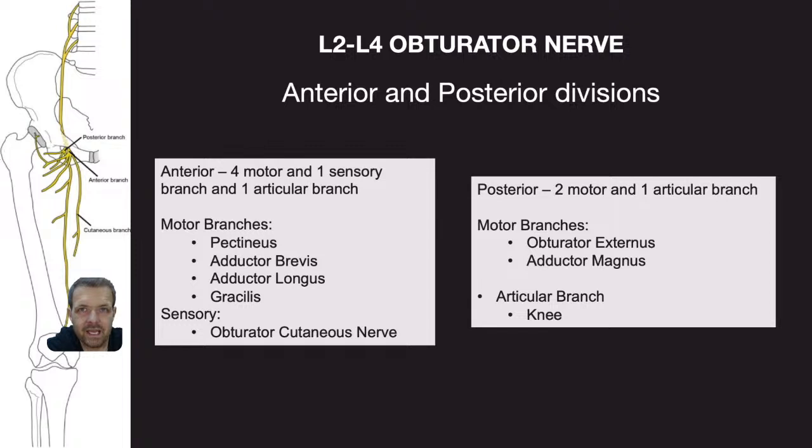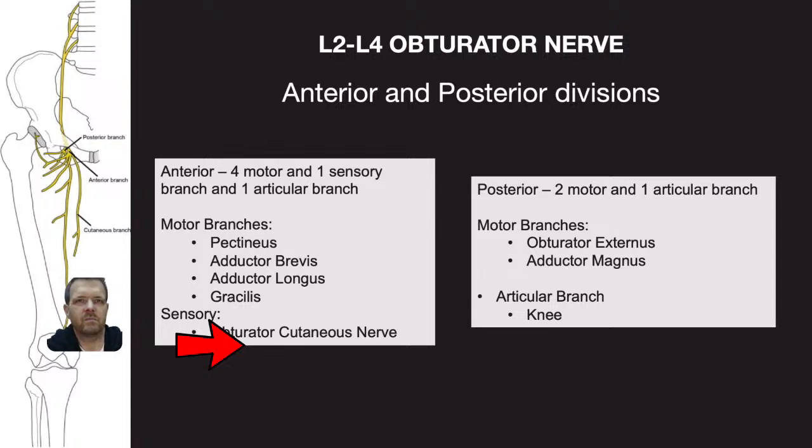So it's that one just there, and that's going towards the hip. Okay, so the hip joint receives an articular branch of the obturator nerve, and again will send information to your nervous system via that pathway.